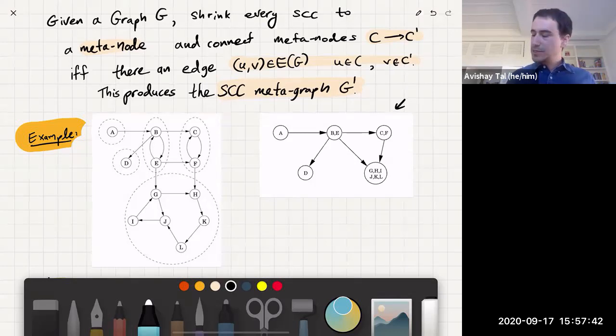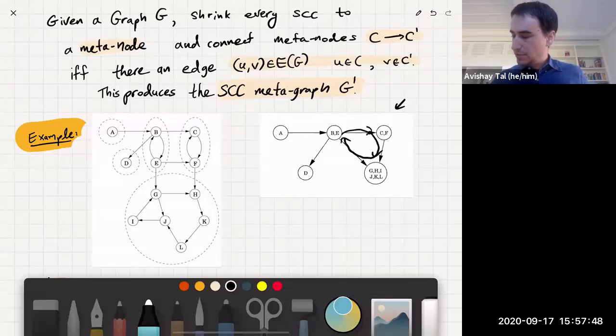Let's assume by contradiction that there is a cycle. Let's say that you can go from here to here and then back. What would it tell us? It would tell us that you can go from any vertex here to any vertex here, and also from any vertex here you can go back to any vertex here. So actually BE and CF should also be in the same strongly connected component.